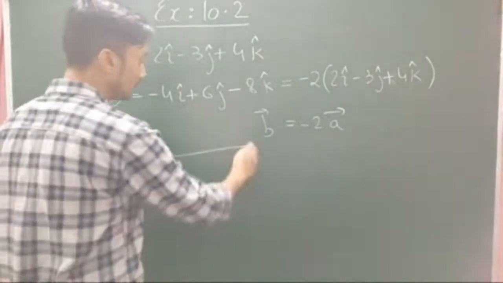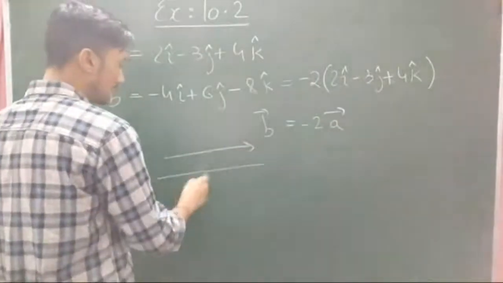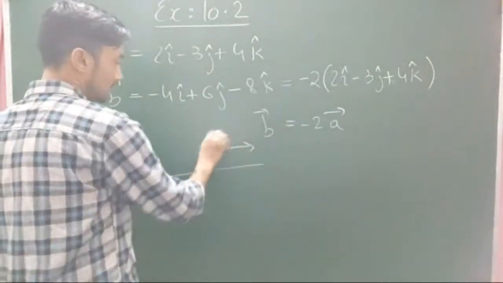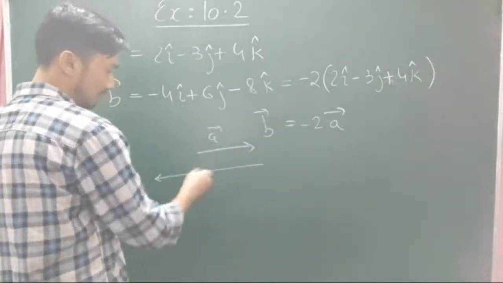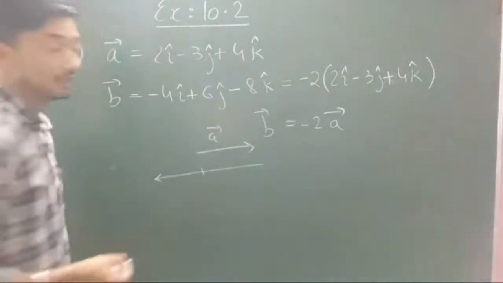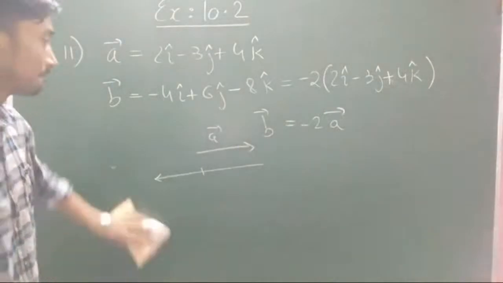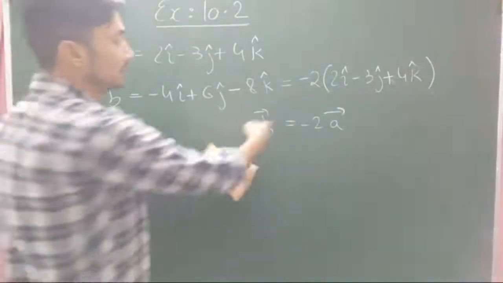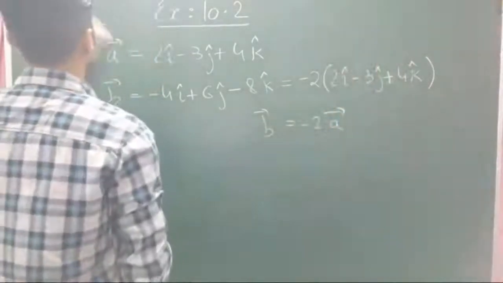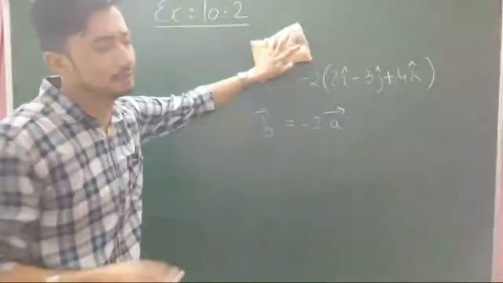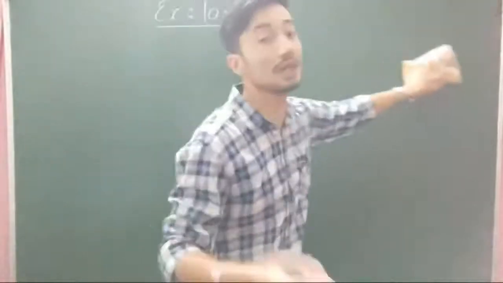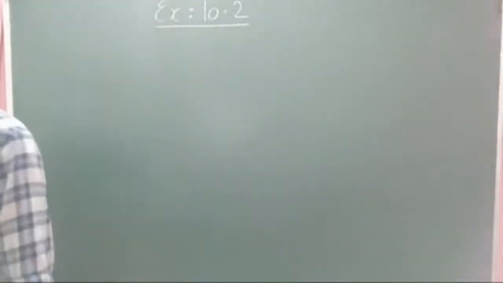So we have two collinear vectors which are parallel to each other, but if this is vector a, then b is double of vector a in the opposite direction. Okay? Alright. So you can write down, therefore the two vectors are collinear. Please write down, therefore the two vectors are collinear.